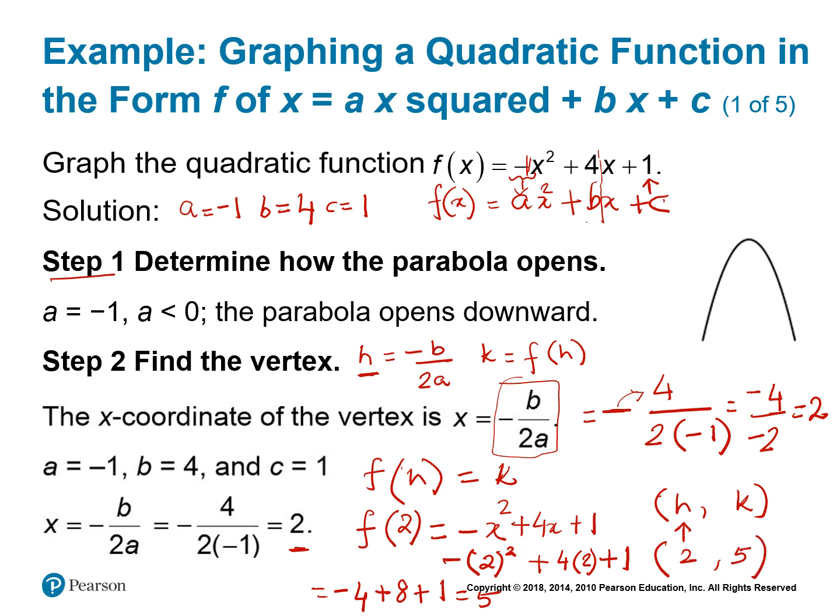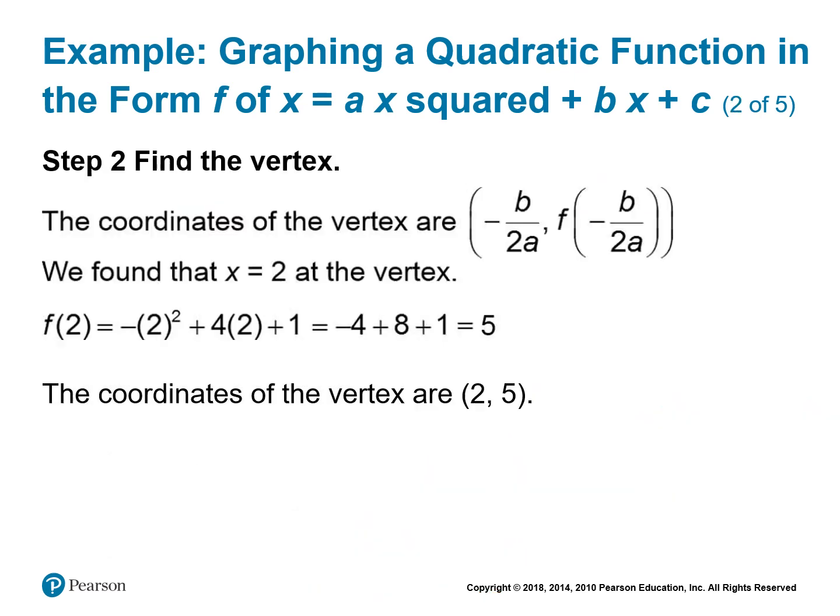So I'm going to go to the next slide and see if that's what they have found. All right, in the next slide, this is a continuation of step 2.